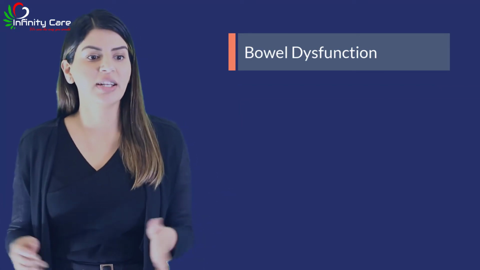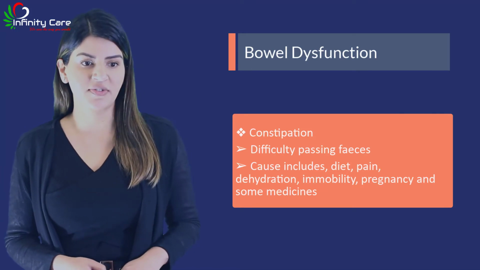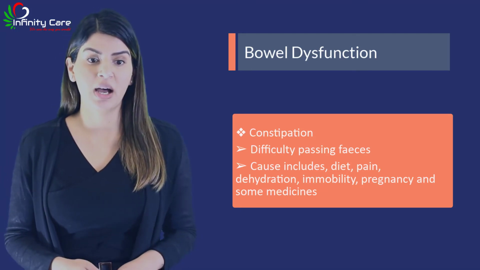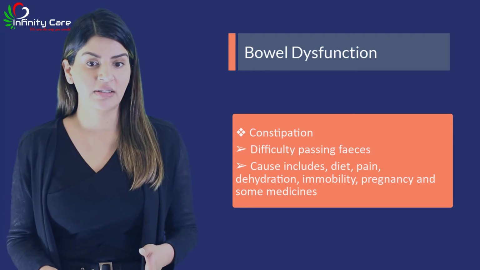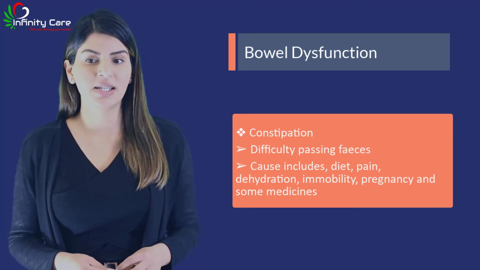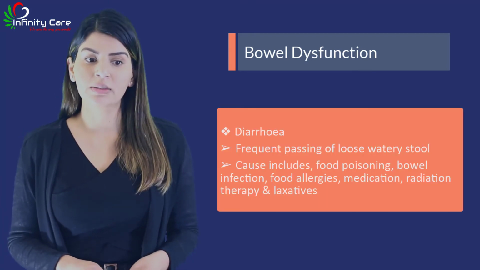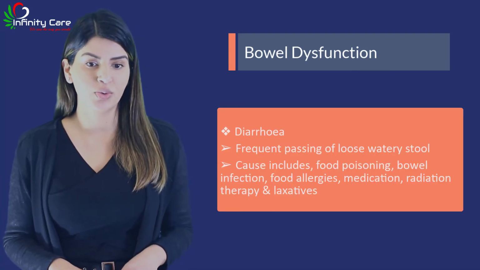Bowel dysfunction can include constipation, which refers to difficulty passing feces. This can be caused by diet, pain, dehydration, immobility, pregnancies, or some medications. Diarrhea, which refers to frequent passing of loose, watery stools.